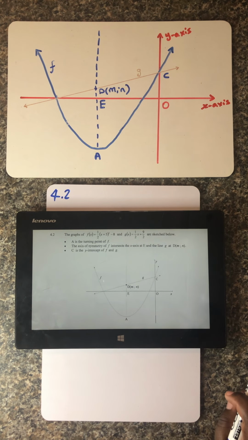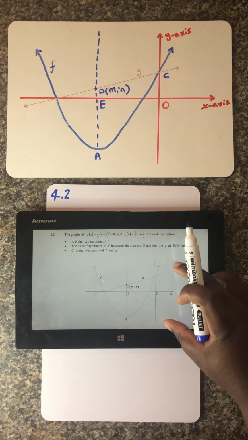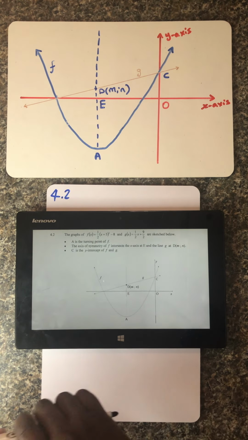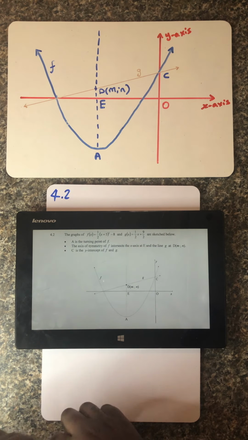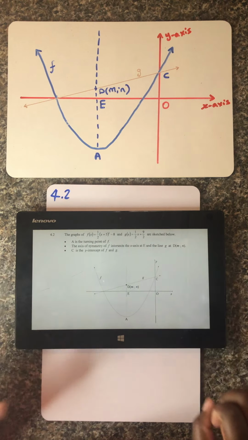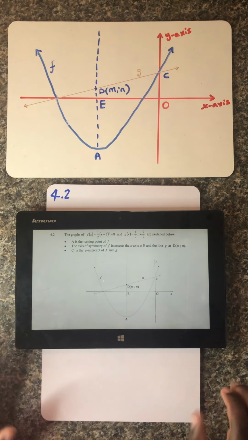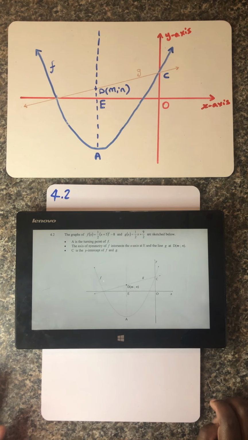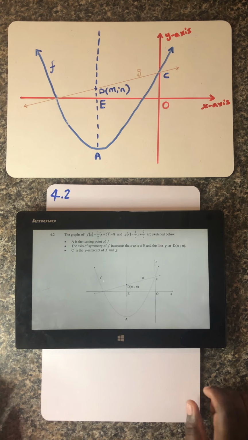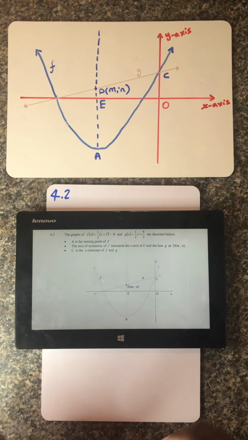What I would like to quickly do is to try to redraw that sketch so that you have an idea of how to redraw the given sketch. Remember, this sketch is drawn already, so it could be a bit confusing, but if you draw it yourself, that's when you develop a better understanding and you have an easy way of approaching questions because you fully understand the question.